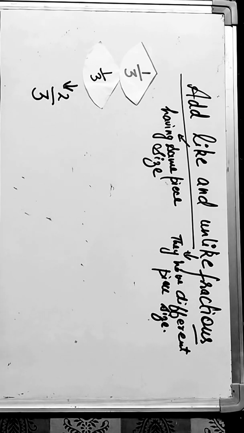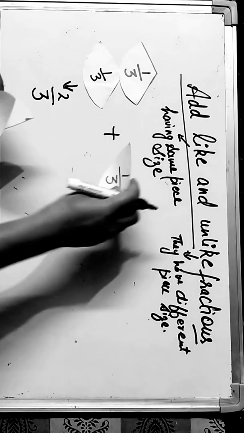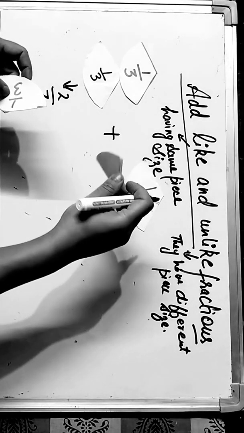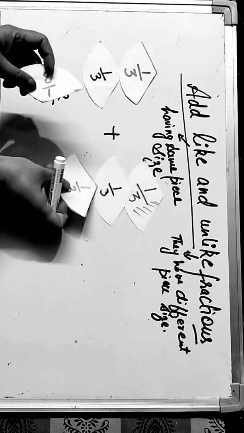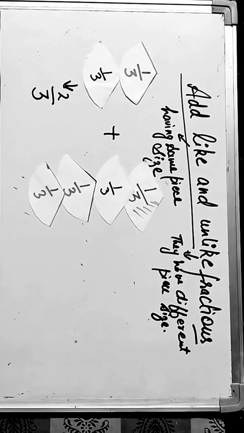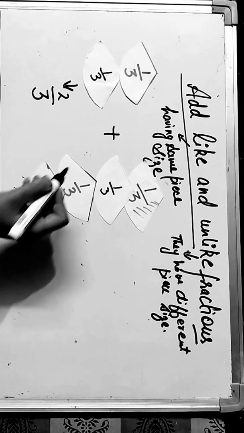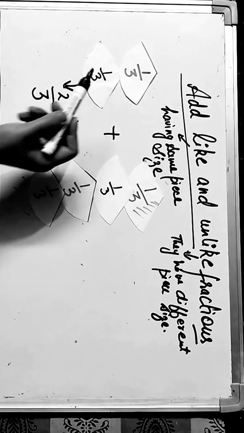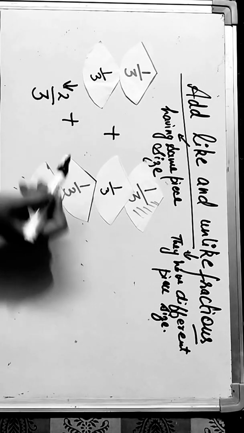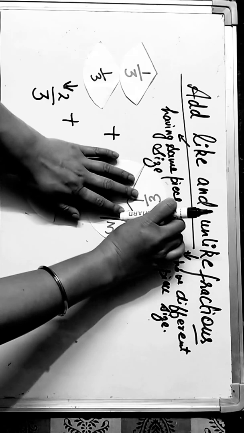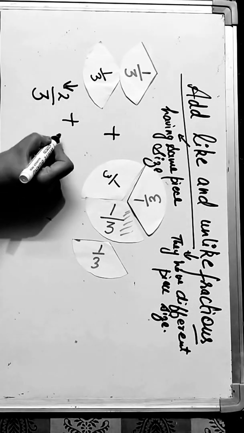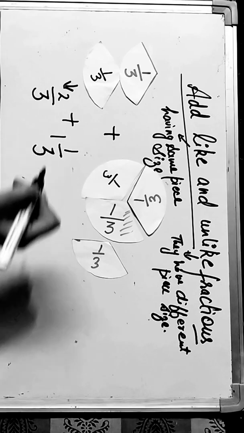So if I have 2/3 and I got 4 more, of the same 1/3 piece size, of the same type of pie or pizza or a chocolate, how will we write it? I had 2/3 before and I got 4/3 more. 4/3 means I got 1 full and 1/3.